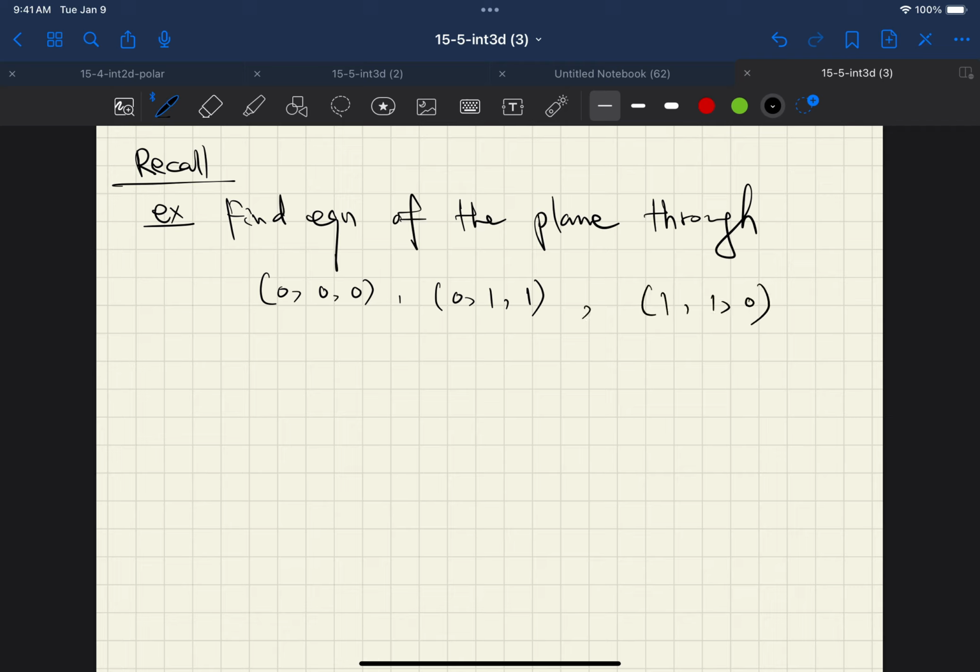Then the answer is x minus y plus z equals 0. If you do not remember, you should go back to the previous video to find this out. It is very important and crucial for the computation of triple integrals.